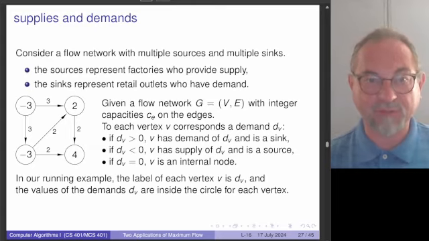So in some sense, the node with demand 2 has an excess of 2. It only needs 2, but it can send 2 to the last node, which has a demand of 4, and which indeed receives 2 from the second supplier and 2 from the first retail outlet.